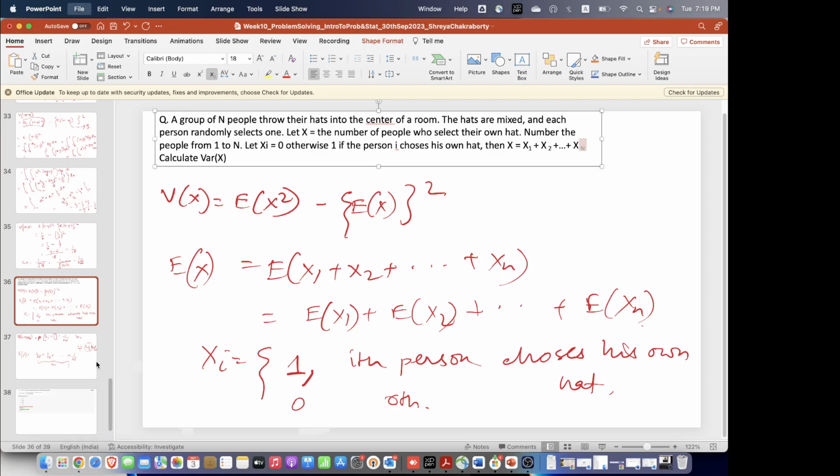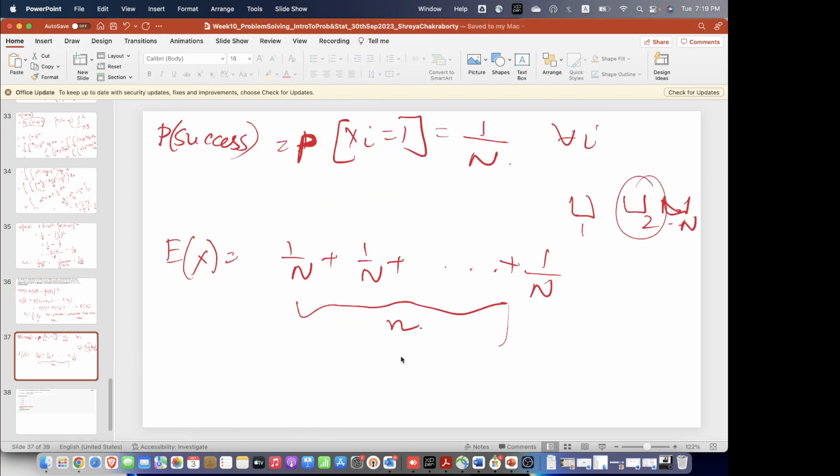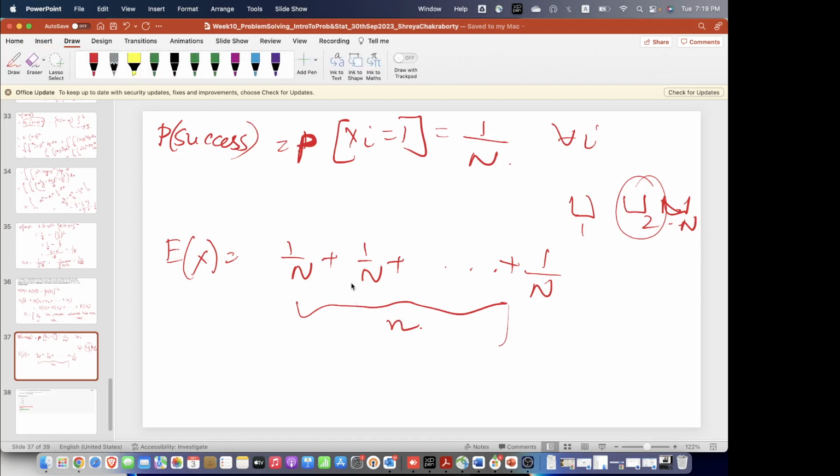Now the expectation of x would be 1 by n multiplied capital N times.